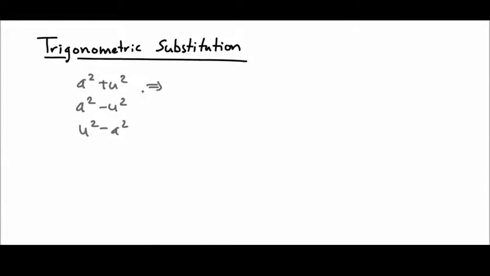If we have something of the form a squared plus u squared, just like the name says, substitution, I'm going to create a substitution. The substitution I'm going to use is to let u equal a tangent theta.